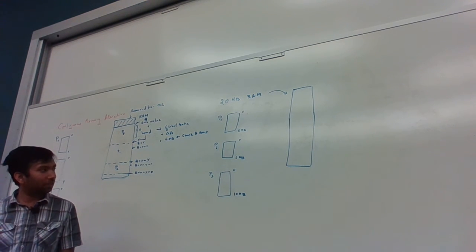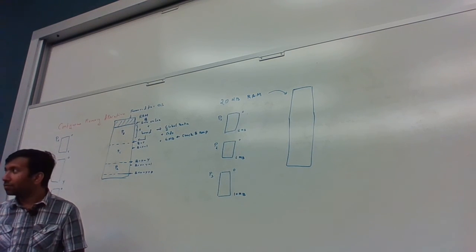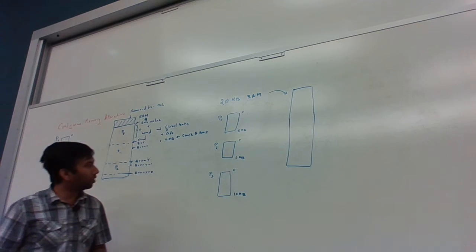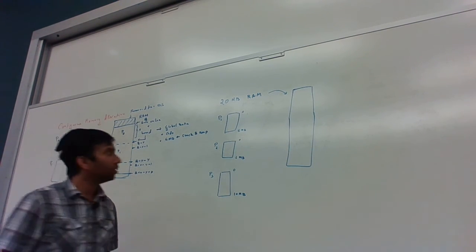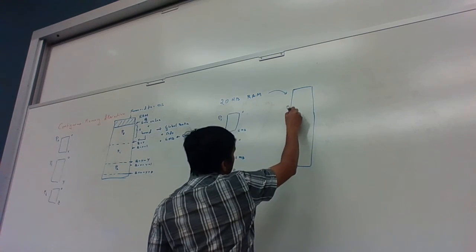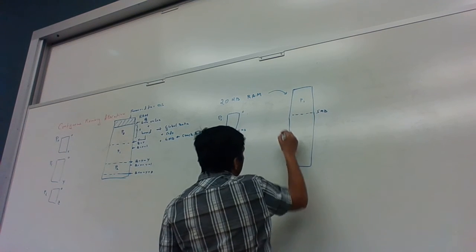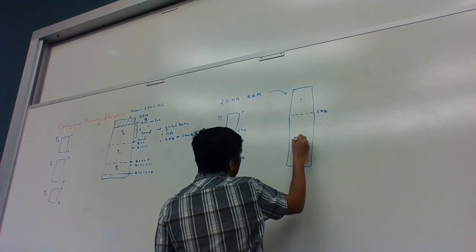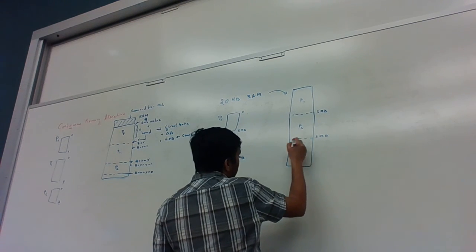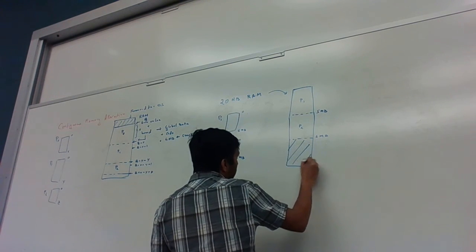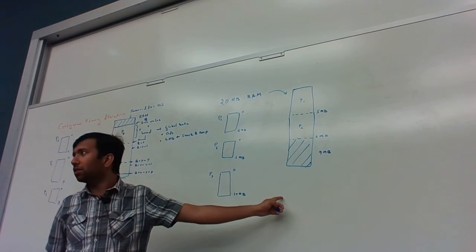Can you run all three together? No. So let's say you choose to run P1 and P2 first. P1 goes here, this is 5 MB, then P2 goes here, this is 6 MB, so 5 plus 6, and the rest is free memory.